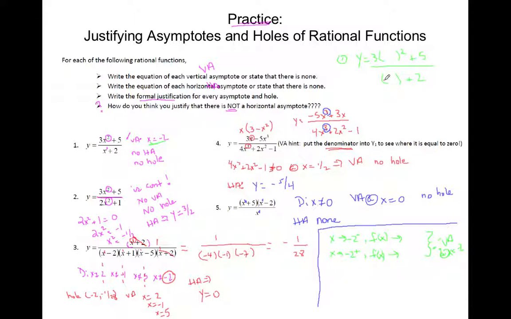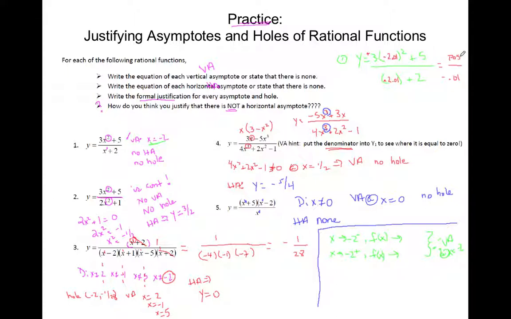But what if you put in -2.01? What does that make your denominator? -2.01 plus 2. What does that give you? Isn't that -0.01? And then what happens if you put -2.01 here and square it? Isn't that a positive number? Positive number times a +3 is what? A positive number. Times a +5. Don't you get a positive number?